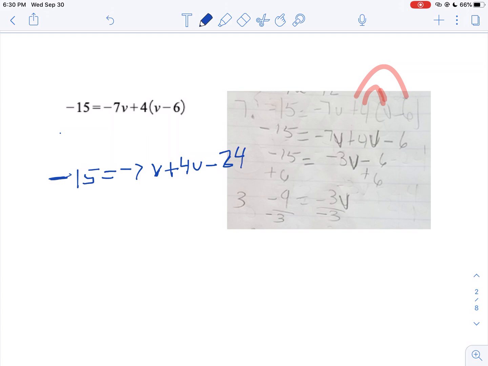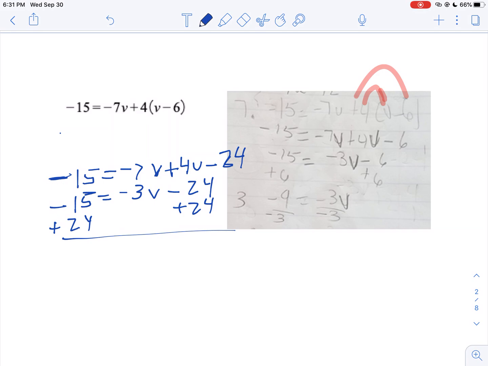Sorry about that, my pen is old. Now, it looks like you combined your v's correctly, so you got negative 15 equals negative 3v minus 24. Well, then we're going to add 24 to both sides, and you end up with positive 9 equals negative 3v. Divide both sides by negative 3. Negative 3 equals v. And that was your correct answer.